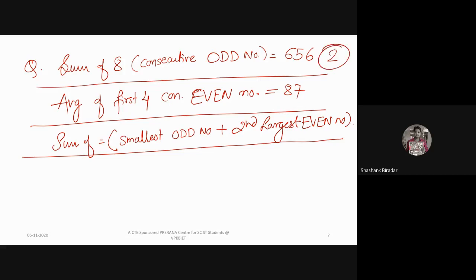So what is given to you? Sum of eight consecutive odd numbers is 656, and average of first four consecutive even numbers is 87. And what has been asked? You have to calculate the sum of the smallest odd number plus the second largest even number.